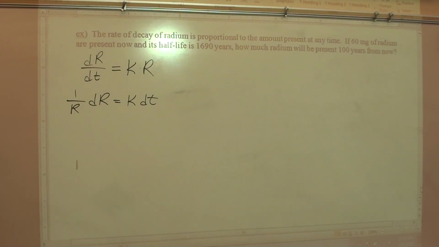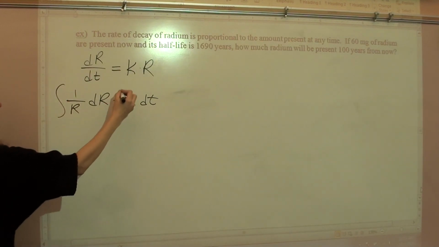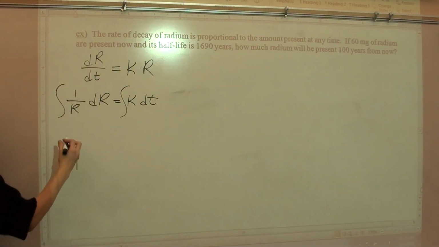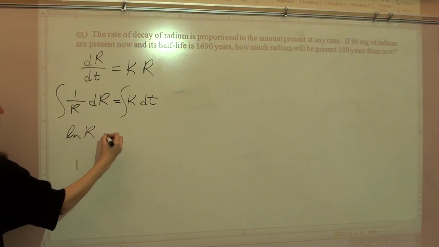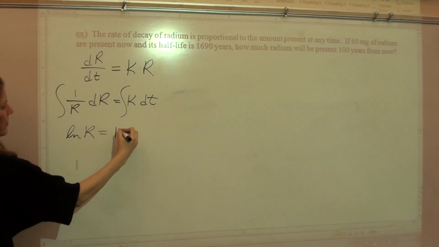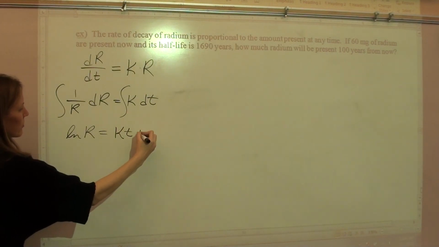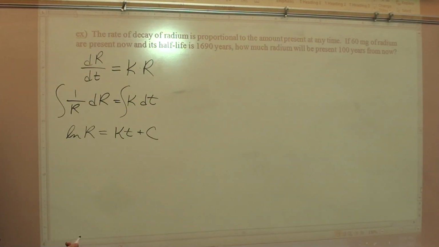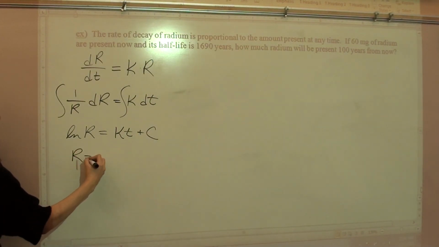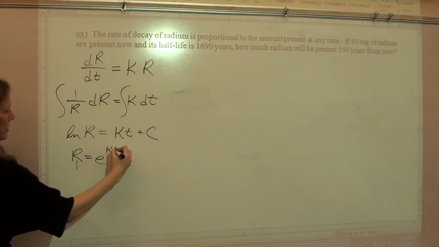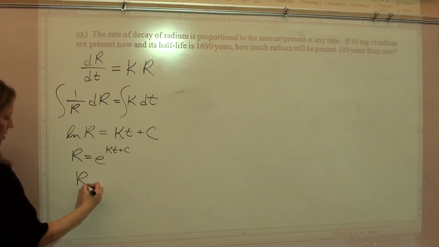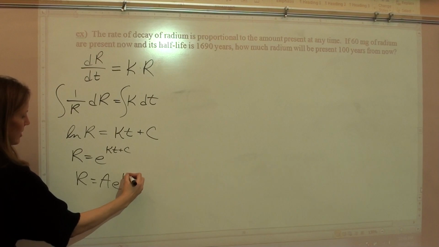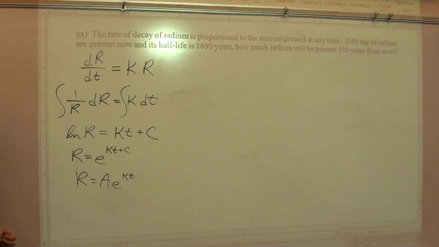Keep the k with the t. Okay, you used lowercase r, that's okay. Alright, so we have ln R. Do I need an absolute value around this R? No, because you can't have negative amounts of radium. R equals e to the kt plus C, R equals A e to the kt, there we go.